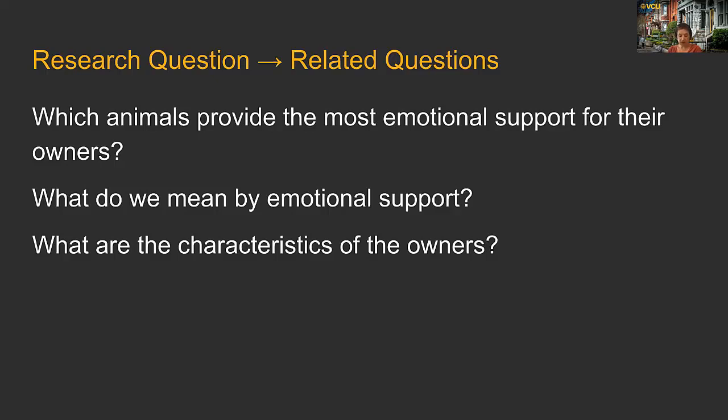So you'll need to think about the characteristics of those owners. So for example, with emotional support, is that reducing the number of panic attacks, or is that reducing cortisol levels in one's bloodstream? And when we think about the owners, is it young people? Is it elderly people? And it could be people who live in a particular place. So we really have to flesh all that out.